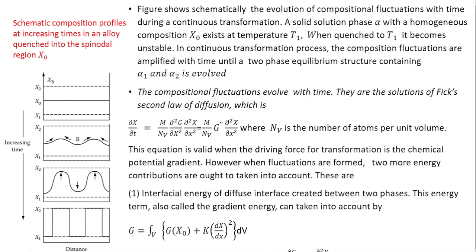Then the modified chemical potential in this case is mu equal to ∂G/∂X minus 2K ∂²X/∂x².